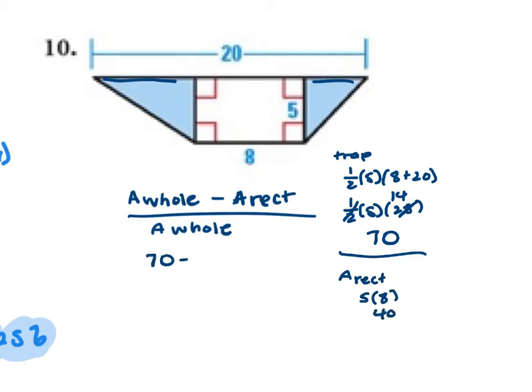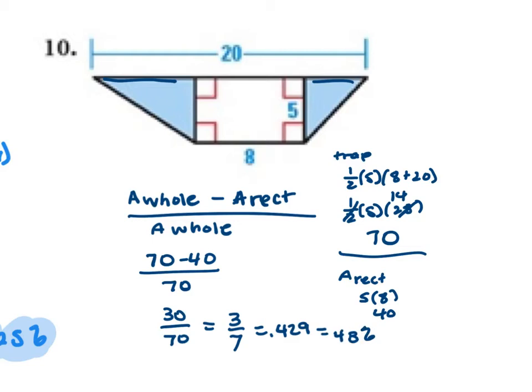So 70 minus 40 over 70 is 30 over 70, which becomes 3/7. And 3/7, or 3 divided by 7, is 0.4289, which becomes 43%.